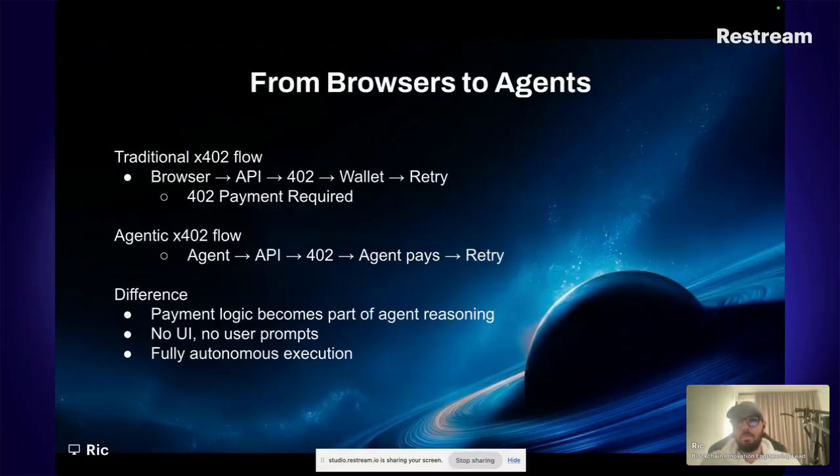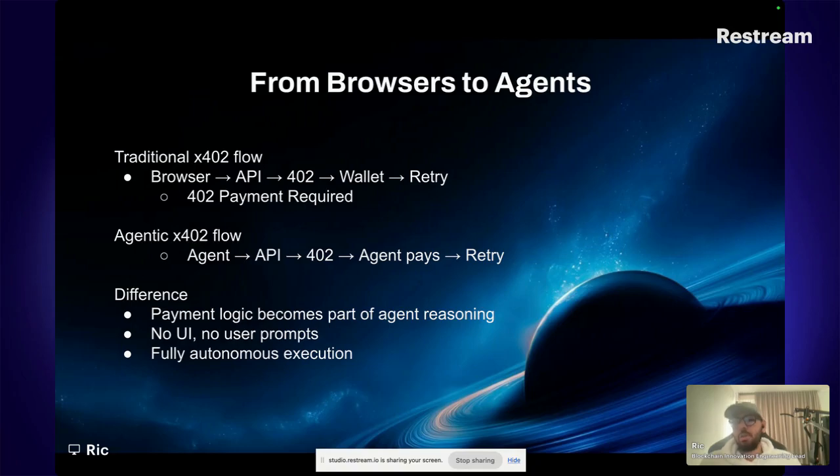Next slide, from browsers to agents. So what you can see here is some different workflows, and we're going to have a look at it in a bit. But generally speaking, in a traditional x402 flow, like the one that we used in last week's workshop, you do have a browser that calls an API, that returns 402, that calls a wallet, that uses retry, and then we use the 402 status code, payment required.